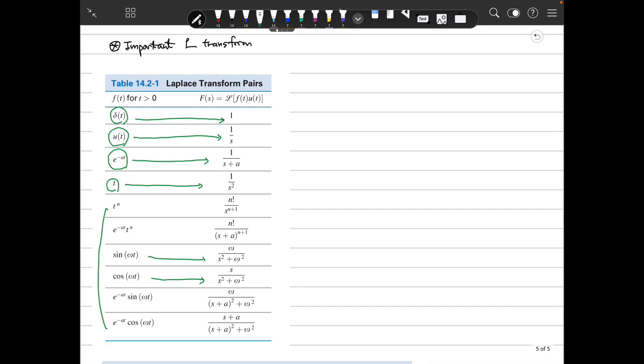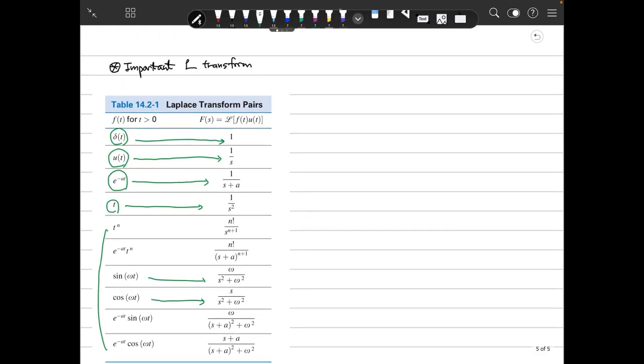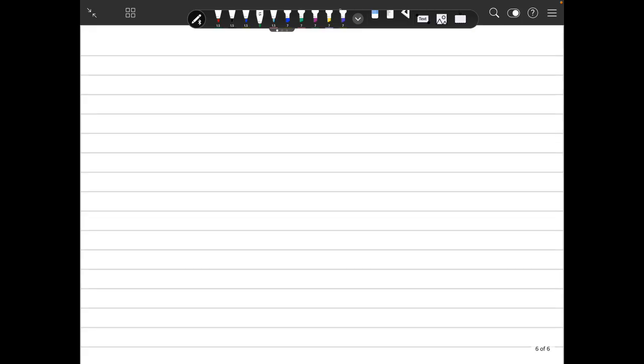These are the basic functions, and these relationships are the properties of the Laplace transform. Based on these properties, you can take the Laplace transform of a general, arbitrary function. So we will show you how to use these properties.